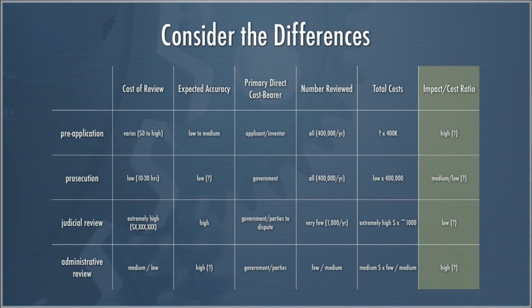Not do all patents, but do a lot more than just litigated patents. And the hope, and the theory anyway, is that there's a sweet spot somewhere in there where you can be high impact and you can do a lot of good for weeding out bad patents by having some sort of administrative body.